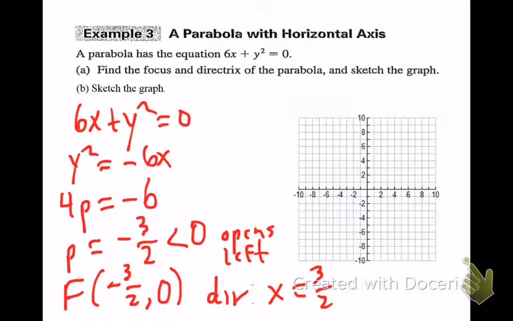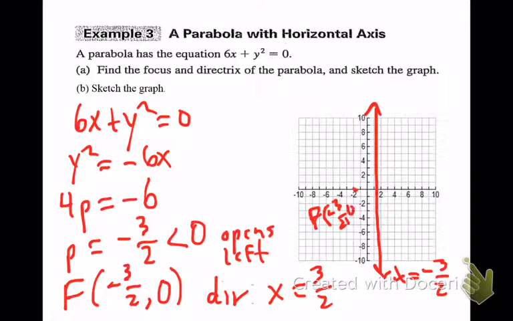So if we graph this, we can draw the directrix at x equals 3 halves. Focus is at negative 3 halves, 0, and then we draw our parabola. Remember, it goes through 0, 0.